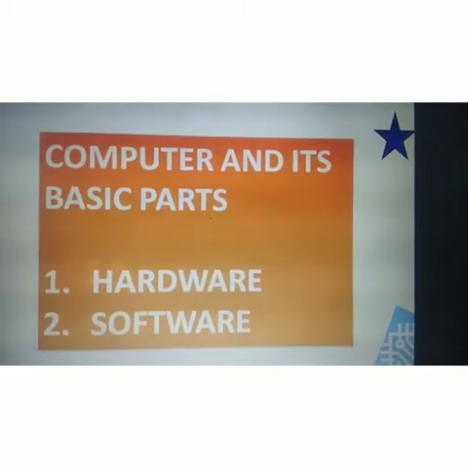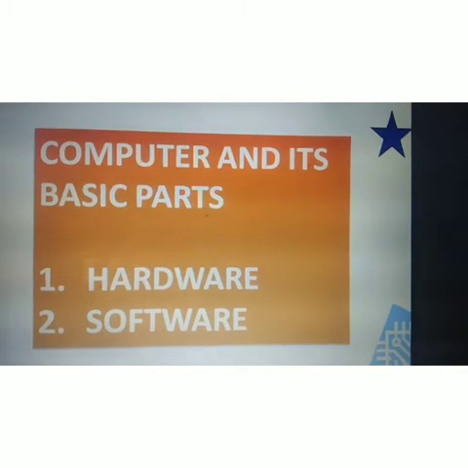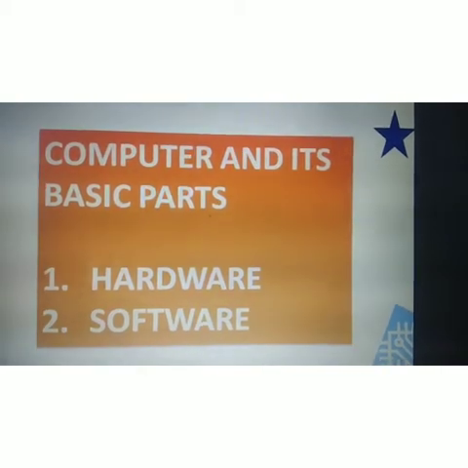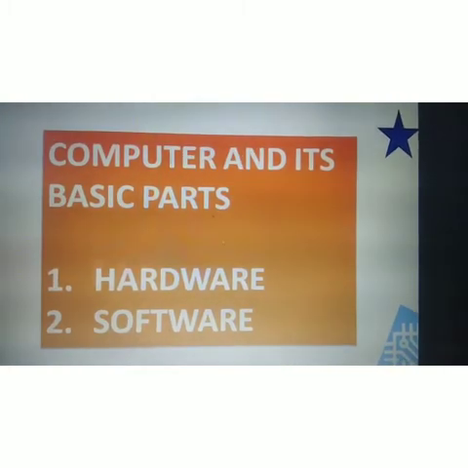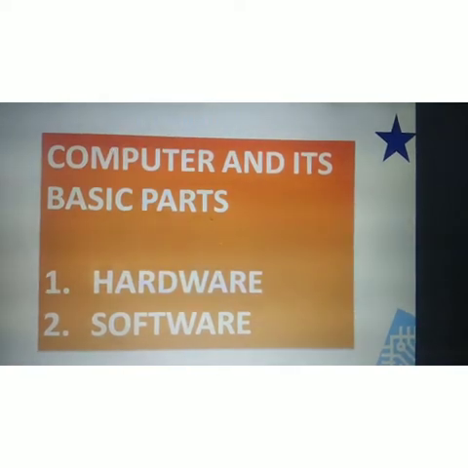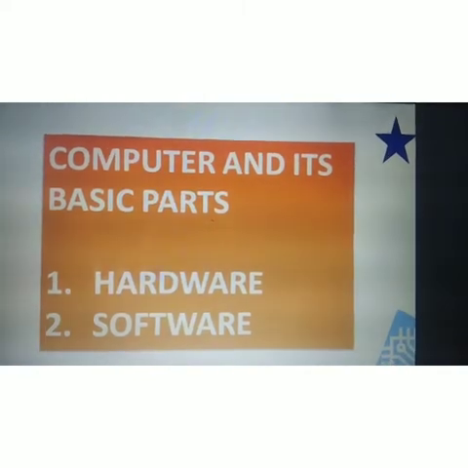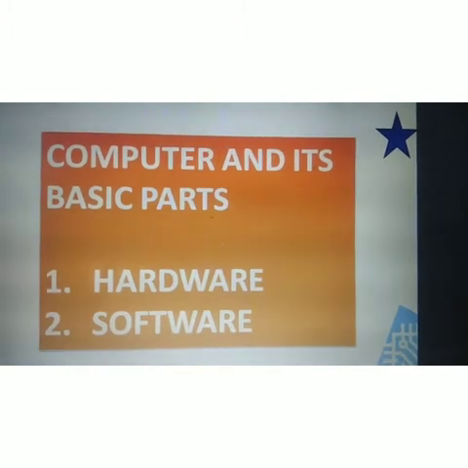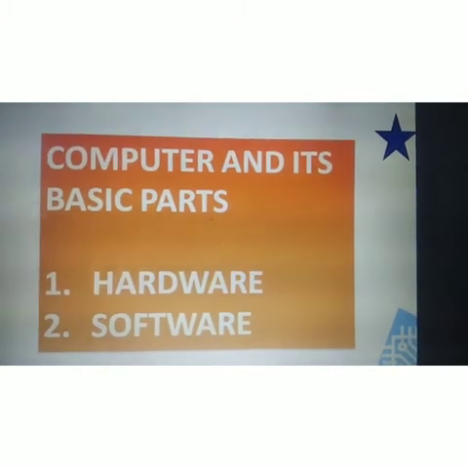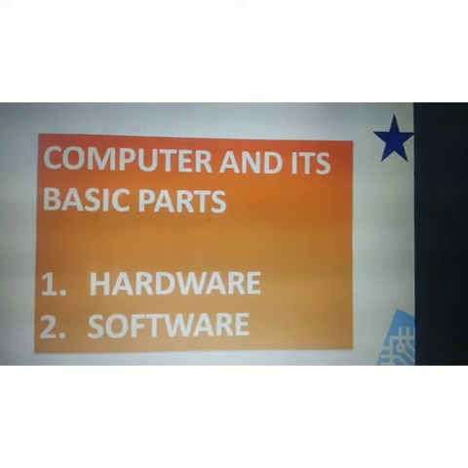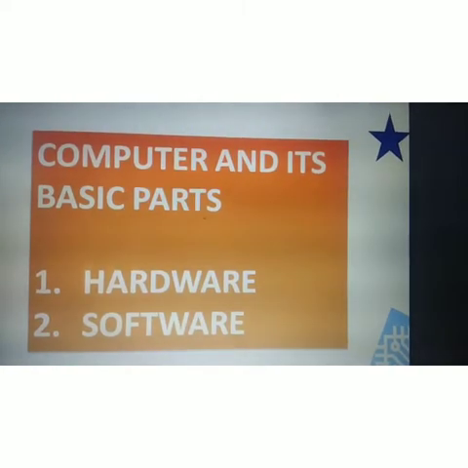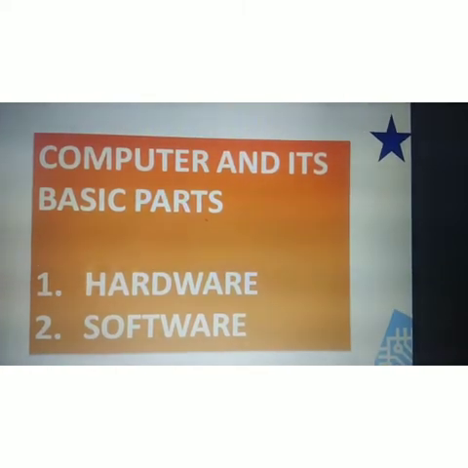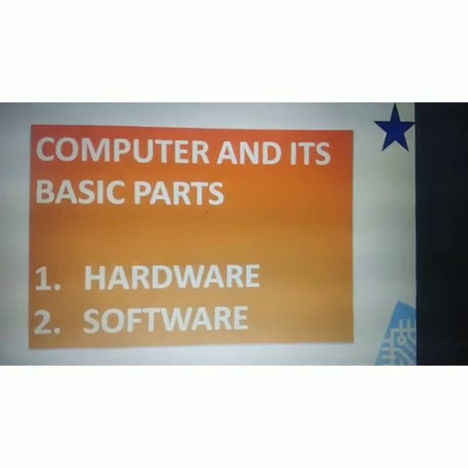Physically we can touch keyboard, mouse, CPU, etc. All are parts of hardware. Hardware refers to any physical part of the computer that we can touch and hold: all the input and output devices, memory, storage and processing devices, components inside the system unit, wires, cables, cases, etc.